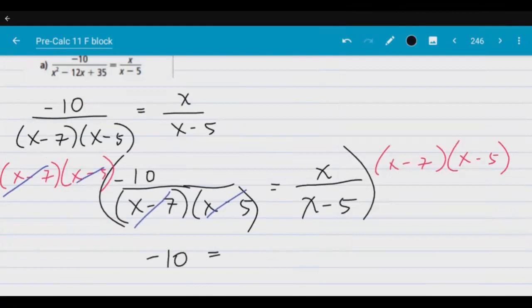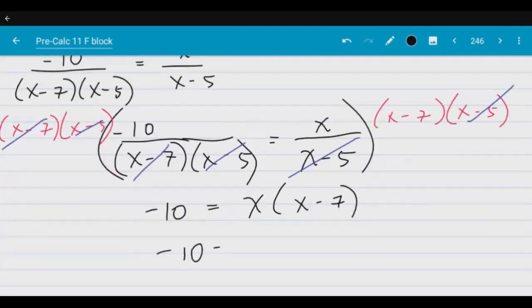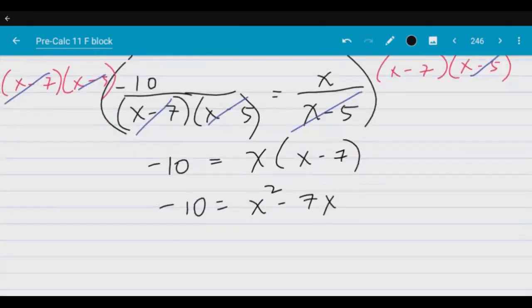Now, on the other side, this x minus 5 cancels out with this. So really what you're going to have left is x times x minus 7. So that would be negative 10 equals x squared minus 7x. And gathering everything on one side, 0 equals x squared minus 7x plus 10.